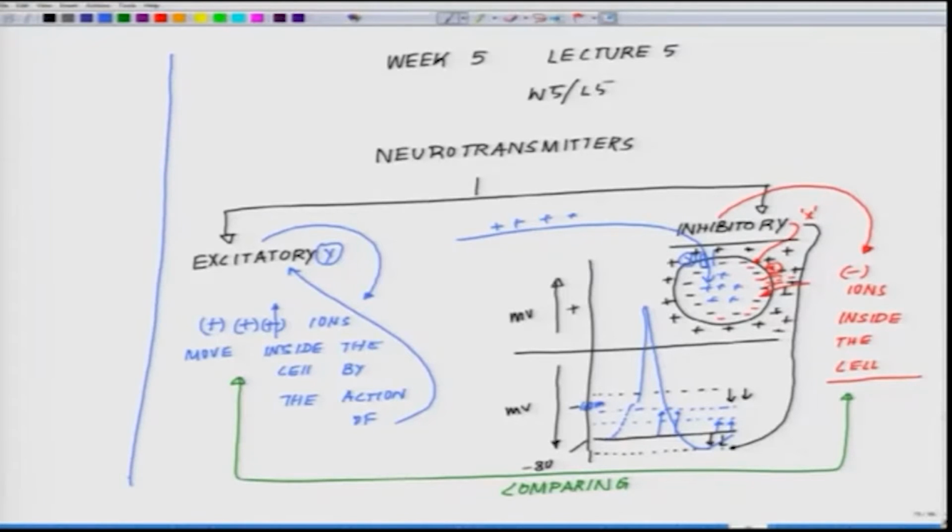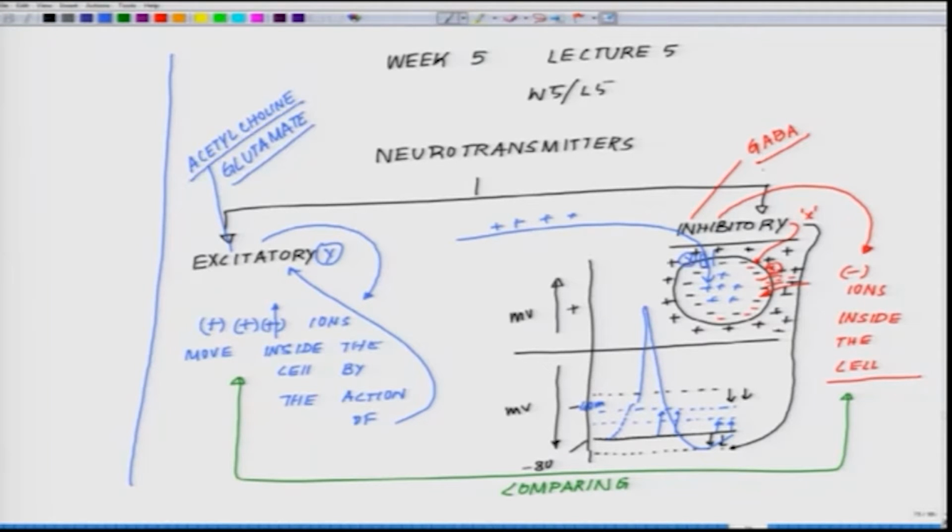As examples of inhibitory neurotransmitters, GABA is one such. Excitatory neurotransmitters are many, like acetylcholine and glutamate, which is very prominent.